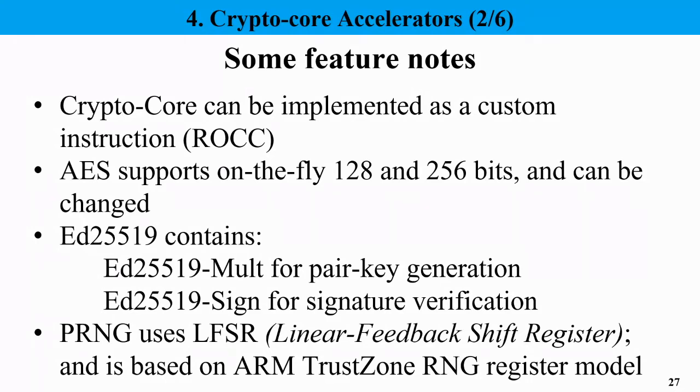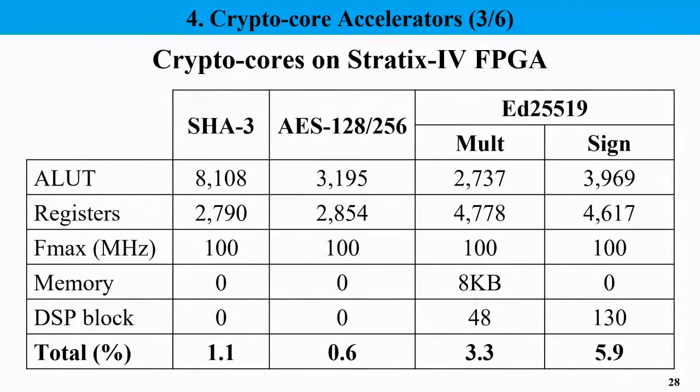The PRG is done using just linear feedback shift registers, but we developed the PRG for future use as a true random generator, and it's using the ARM TrustZone register model for the RNG, at least for compatibility support.